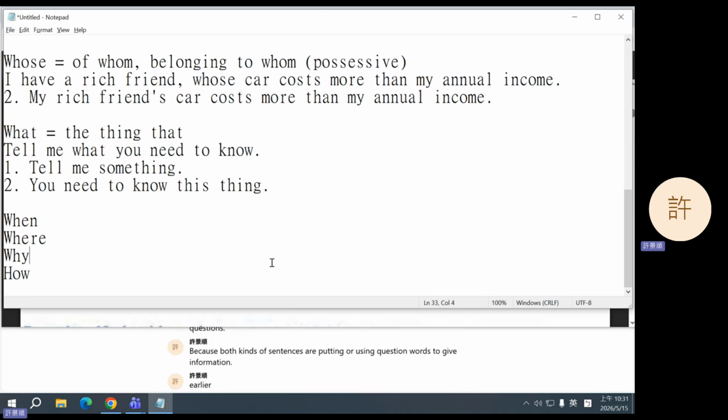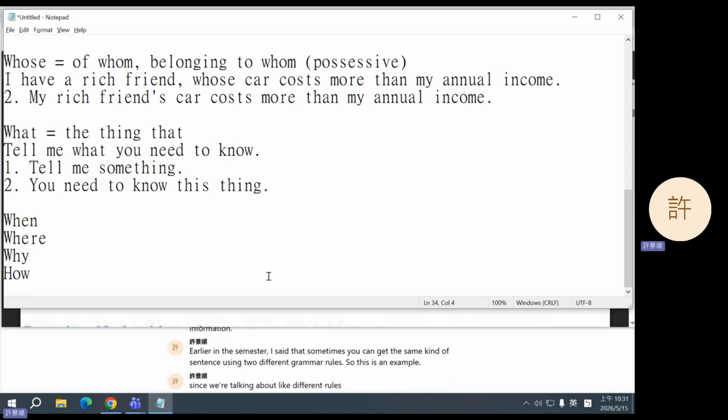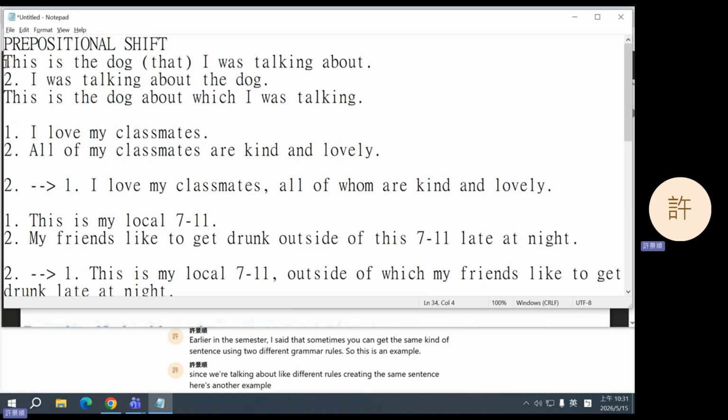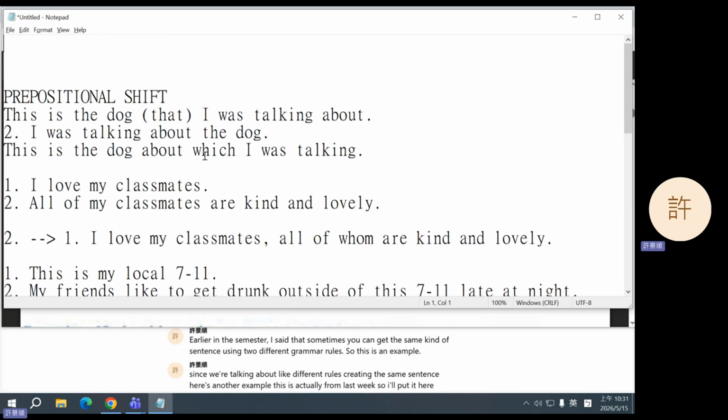Earlier in the semester, I said that sometimes you can get the same kind of sentence using two different grammar rules. So this is an example. Since we're talking about different rules creating the same sentence, here's another example. This is actually from last week, so I'll put it here.